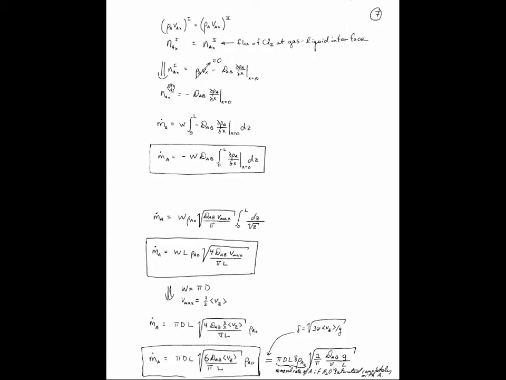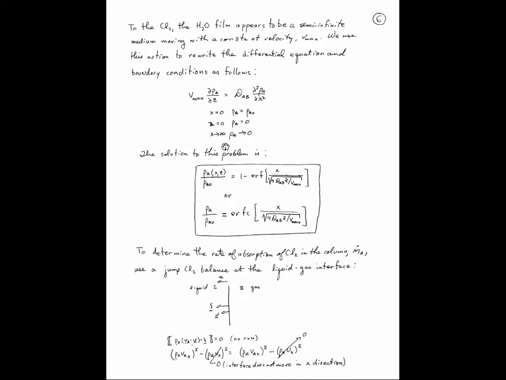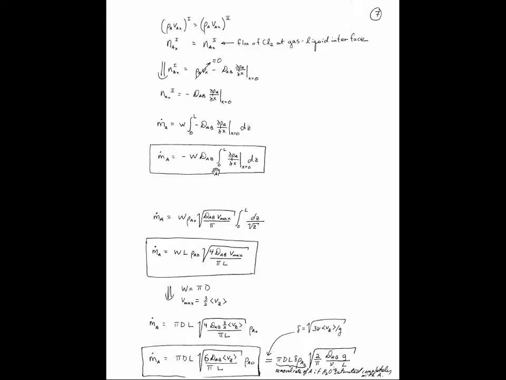We can then write the flux of chlorine essentially in terms of the diffusion coefficient times the gradient in concentration at the surface. We have an expression for the concentration profile, so we can evaluate this derivative at the surface, integrate it across the entire length of the tube to get the mass transfer of chlorine into that entire liquid film, and the result is shown at the bottom of the page.